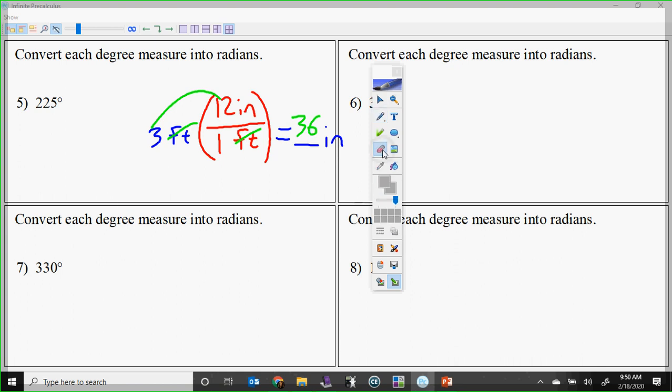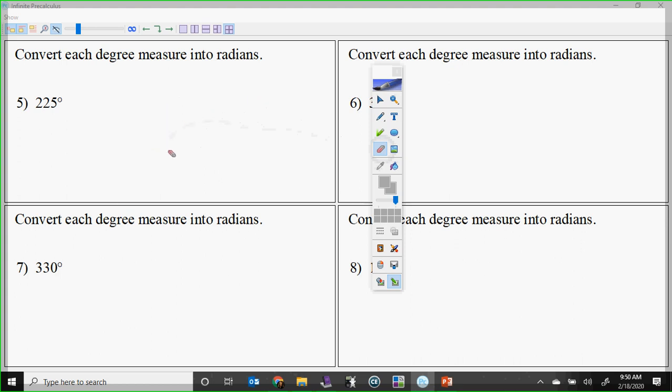So we're going to have a conversion factor for this one. We have degrees, we want to change to radians, so I'm going to say, oops, let's do a different color. I know that 1 pi radians is the same as 180 degrees.